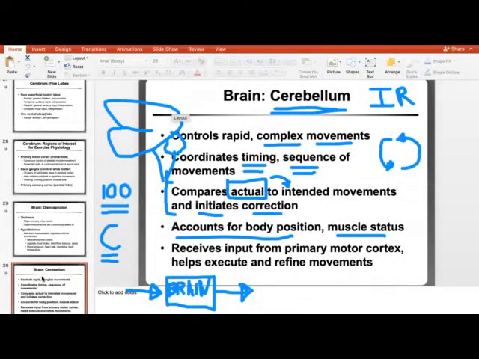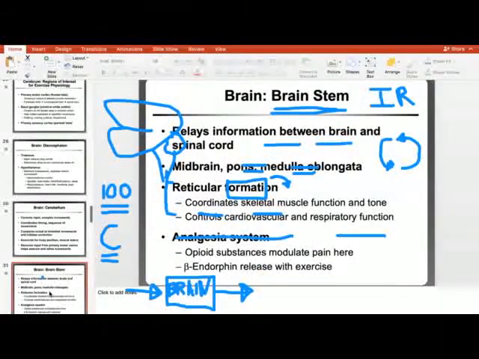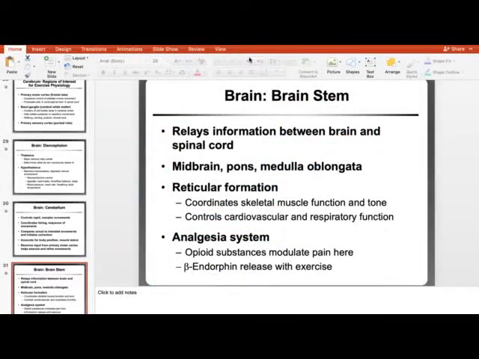All right, so let's go brain, cerebellum. Let's go to the next slide. Let's see where we're at. All right, the brainstem. Obviously, the brainstem is going to be relaying information from your spinal cord to your brain and your cerebellum. There are different parts of the brainstem: the midbrain, the pons, the medulla oblongata.